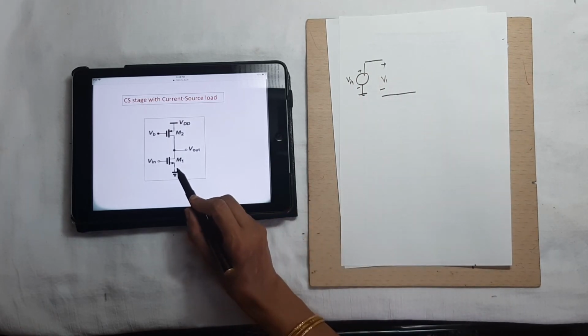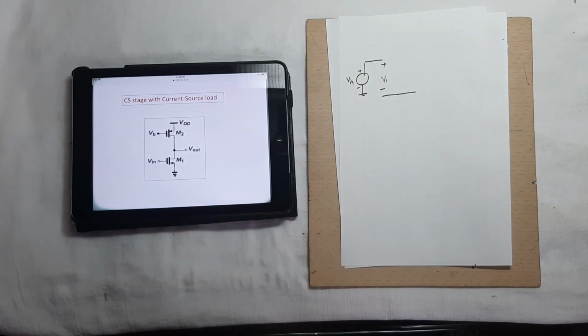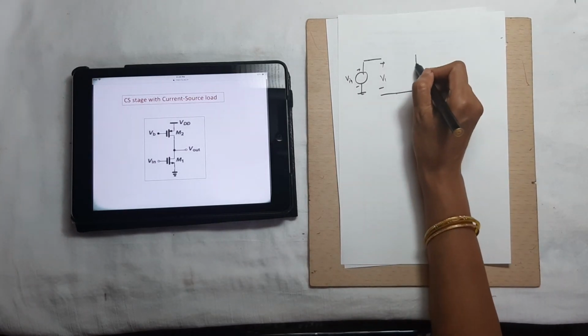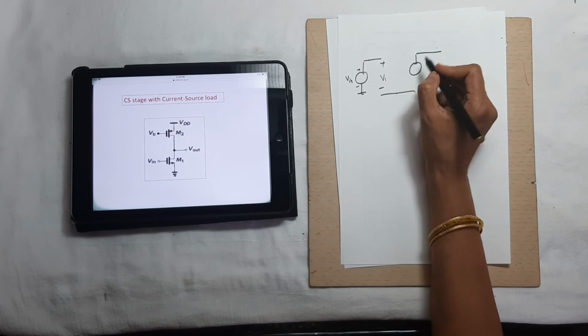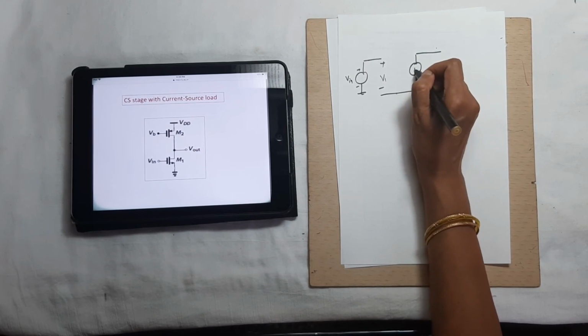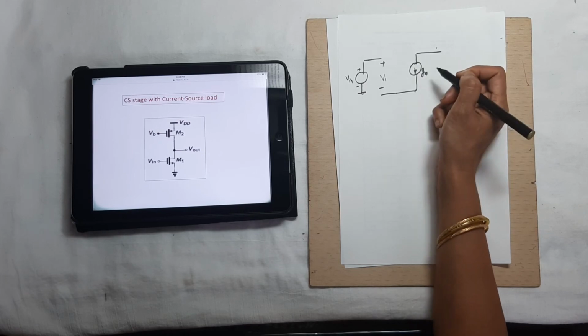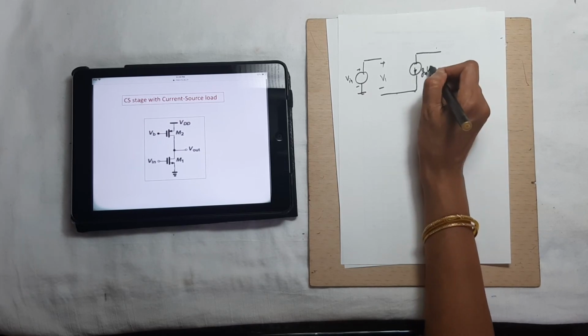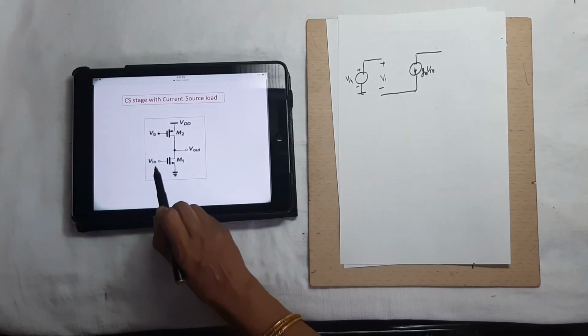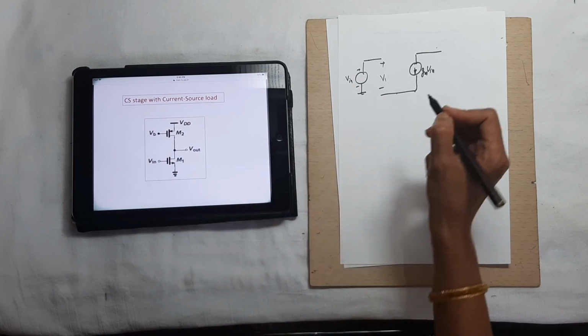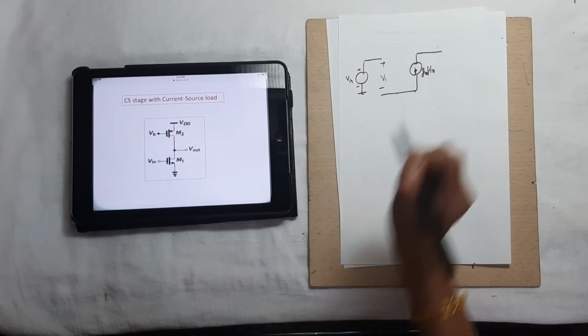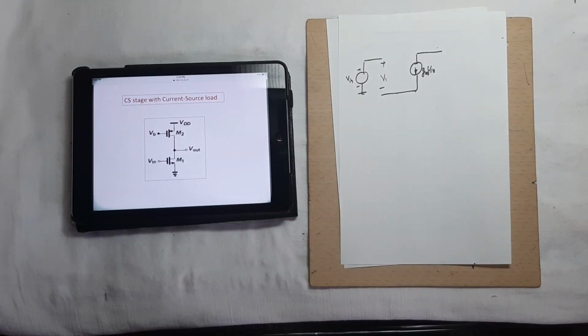In the small signal equivalent circuit, the first is gm into Vgs, which has to be between the drain terminal and the source terminal. So this is a current source, gm into Vgs, which is nothing but Vin, since the gate to source voltage is Vin. Since it is with respect to the first transistor, let us mark this as gm1 into Vin.